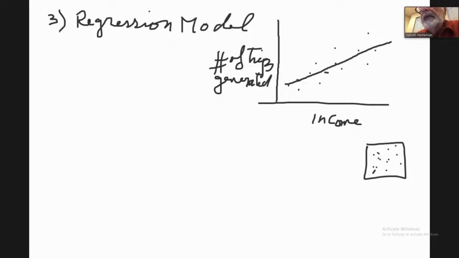Graphically, if I extend this, I could find my intercept, which will be A. And if I know the slope of this line, which is B, I can write the equation of this line: y equals A plus bx.